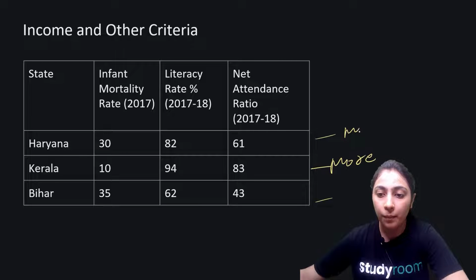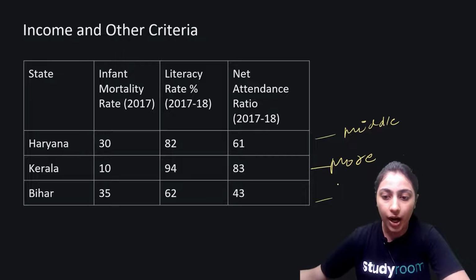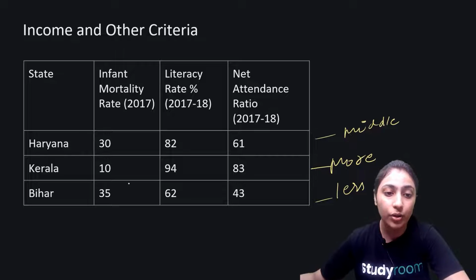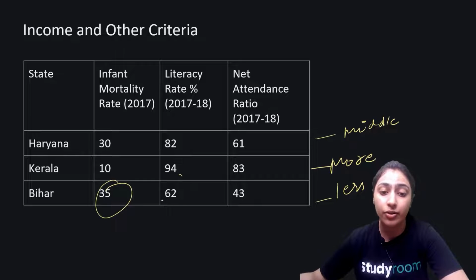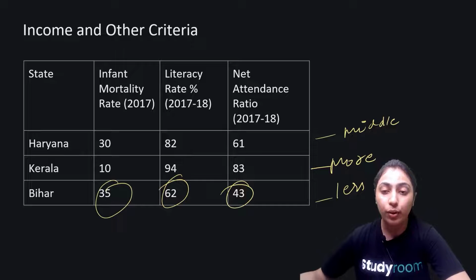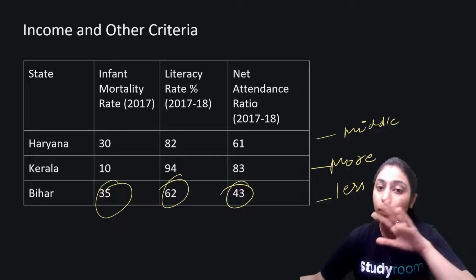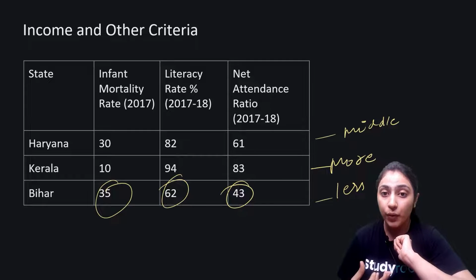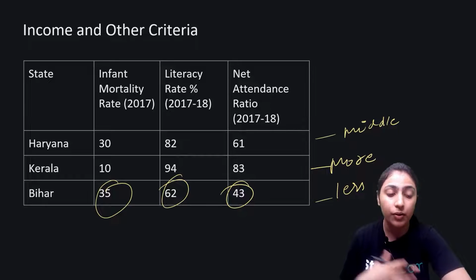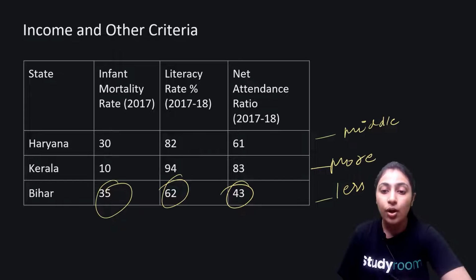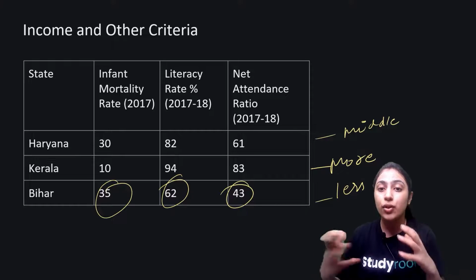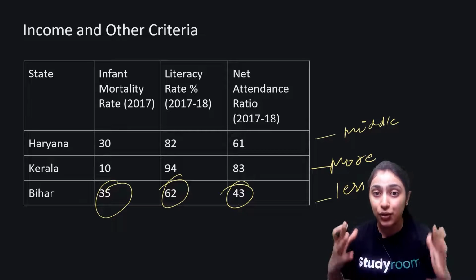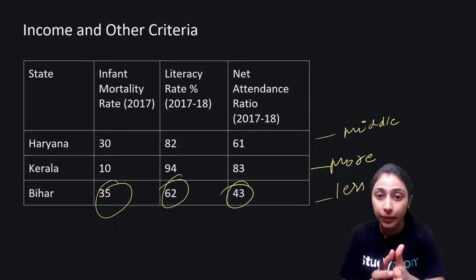Haryana, which was earlier first, will come under middle, and Bihar will be less because infant mortality rate is higher, literacy rate is also low, and the percentage of children going to school is 43 as compared to Haryana and Kerala, which is very low. So now our answer may shift. It absolutely has shifted because we have dug deeper now.